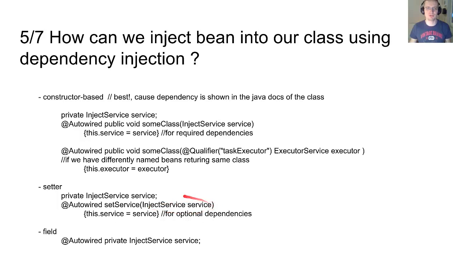So we can live without it, but if it's optional, you can use it inside the setter of the field. You create a private field and make a setter annotated with Autowired, and then we inject the inject service, the same as in the constructor. And we also have the field possibility of auto-wiring, but it's not recommended by me.